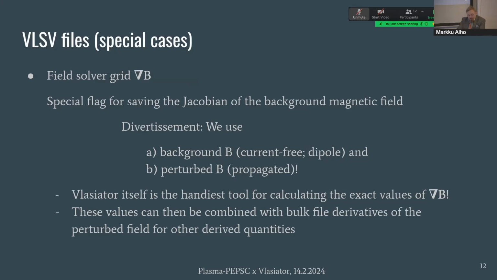So the actual magnetic field that we propagate, we can separate the propagated field from the constant field. And this is numerically a bit more precise, so we don't get any rounding errors with floating points there. Well, some, but not as bad ones.